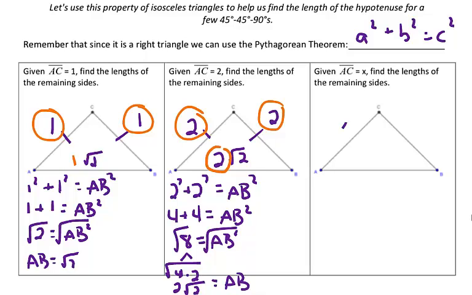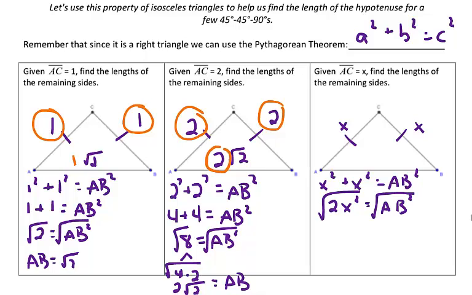We're told that AC is x, which means that BC is also x, since it's an isosceles triangle and the legs are congruent. Setting up the Pythagorean theorem, we have x squared plus x squared equals AB squared. That means we have 2x squared equals AB squared. To get AB by itself, we're going to take the square root of both sides.